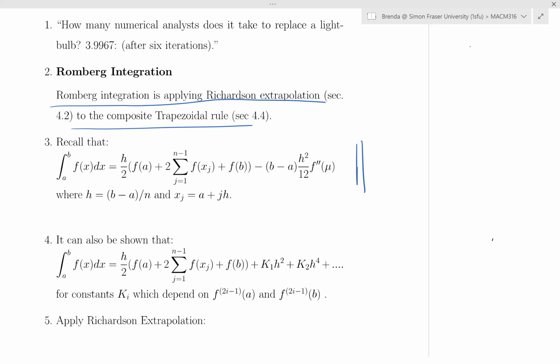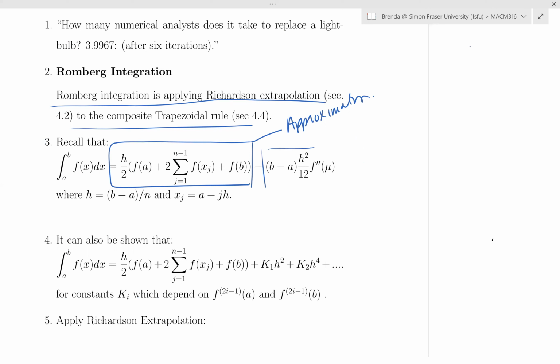This portion right here is your approximation term. We've got our interval divided into n pieces, and this guy here is the composite trapezoidal rule.